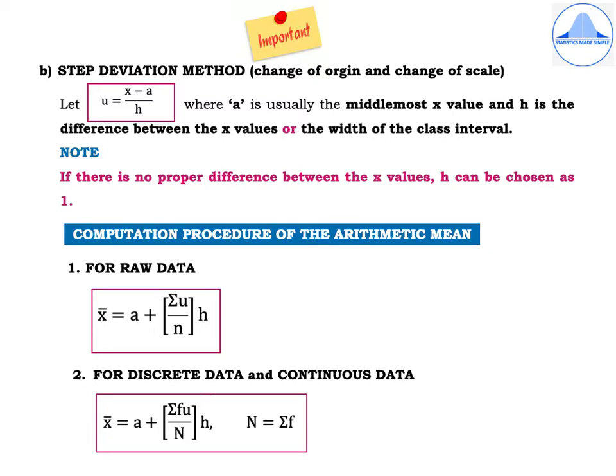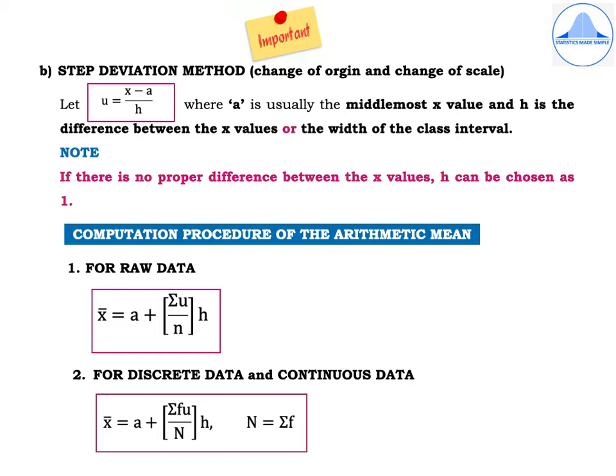Under subdivision B, we have the step deviation method, which is called change of origin and change of scale. So let u be equal to x minus a divided by h, where a is usually the middlemost x value and h is the difference between the x values or the width of the class interval.